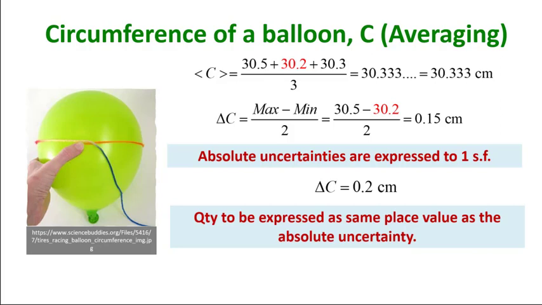Hence, we have our final answer for C and its associated uncertainty to be 30.3 plus minus 0.2, with the rounded off value of C to the nearest 1 decimal place, as the uncertainty of C is also in the first decimal place when it was rounded to the first significant figure.